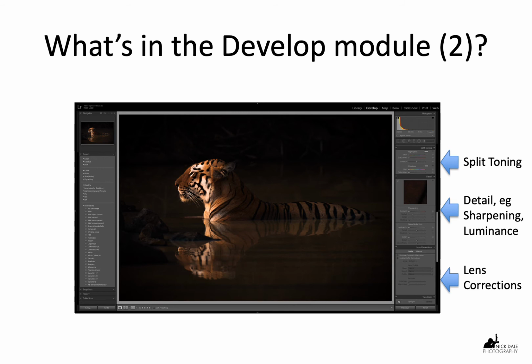Finally, on this page, we have lens corrections, and those are quite useful global settings which depend on the lens you've used. So the first one, enable chromatic aberration. You can basically correct for color casts in the image that are caused by the particular lens that you've used.